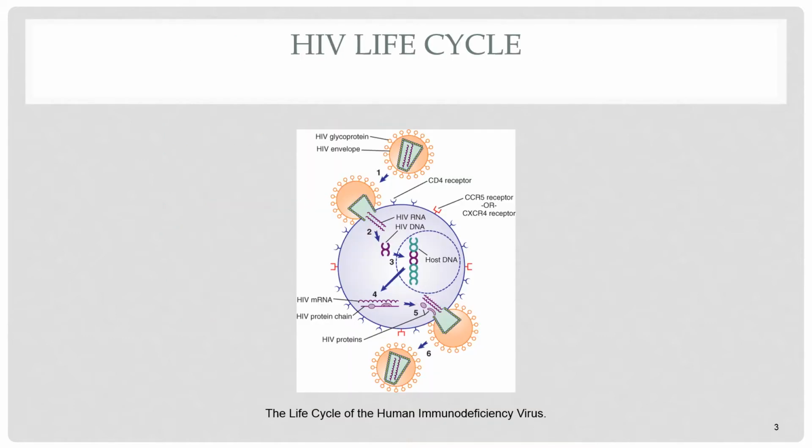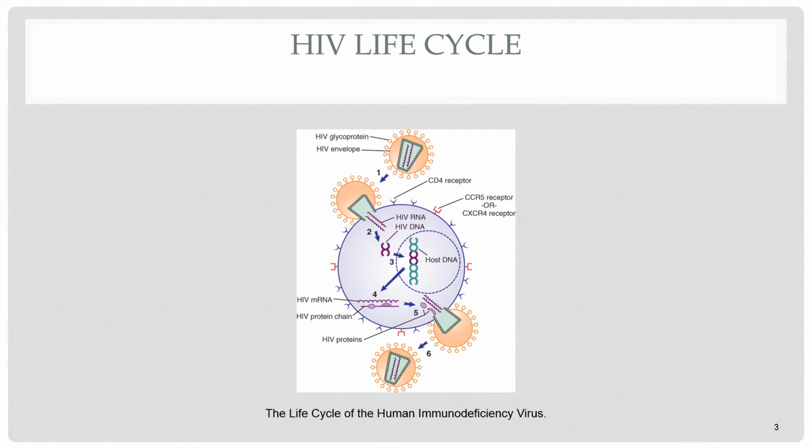All right, so this little bugger comes into the cell and it turns our living human cell into an HIV factory. So instead of the normal proteins that the cell would make for normal cell function, it turns it into a factory that develops all these things.